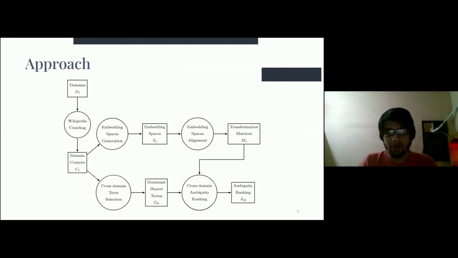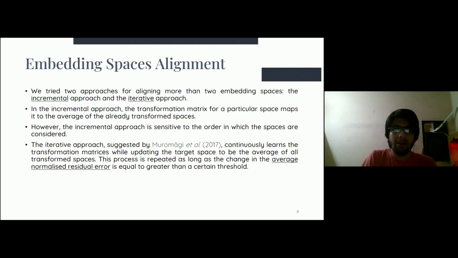And in another process, we try to select the dominant shared terms between all those domain corpora. And then we finally calculate the ambiguity score for each target word, and then rank them on the basis of those scores.